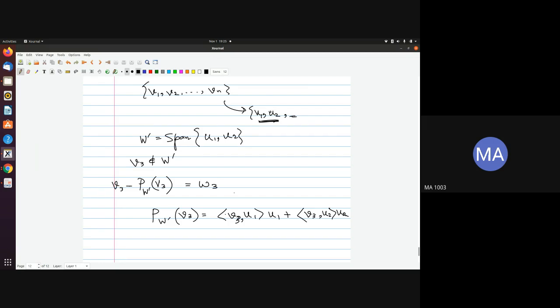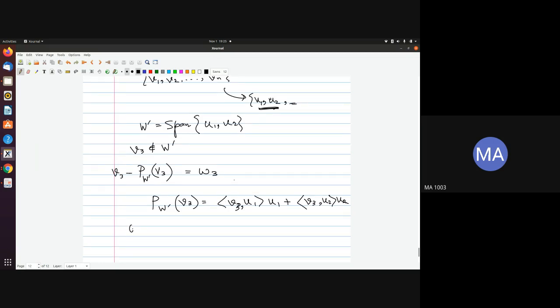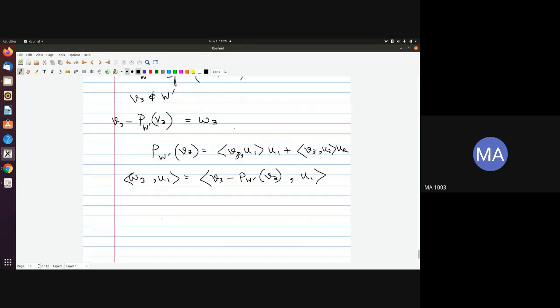Now let's check what we need. We need <W3, U1> to be 0, and <W3, U2> also to be 0. Is it happening or not? That is what we need to check, right? So what is <W3, U1>? W3 is V3 minus the projection of V3. Let's see whether this is 0 or not.